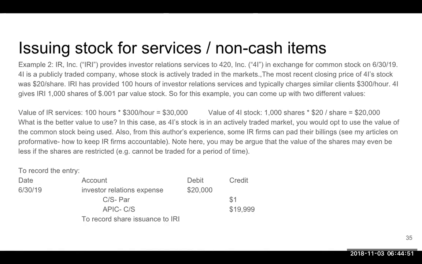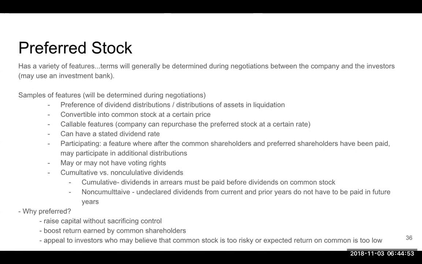There you go. Okay, preferred stock. Common stock is one way to go through and raise money. And oftentimes common stock is going to be used for most issuances to founders, possibly to angel investors, and in public markets.